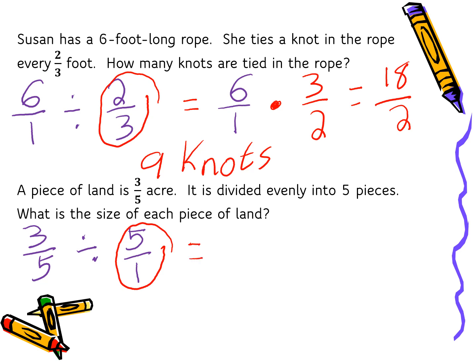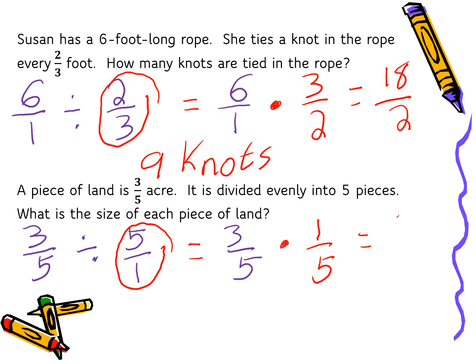So then now we will rewrite our problem. 3/5 multiply. The reciprocal of 5/1 is 1/5. We'll multiply straight across.